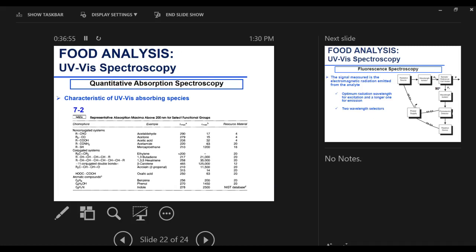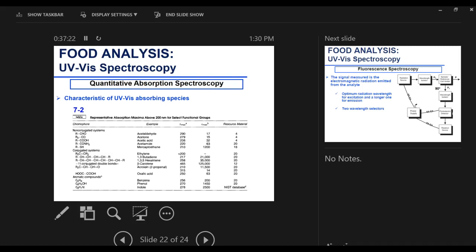This is just an FYI table to show you different groups and how different groups have different absorptivity and different lambda max. For example, acetaldehyde will have a lambda max at 290 and a molar absorptivity of 70.